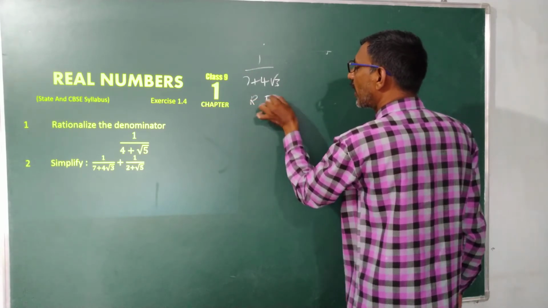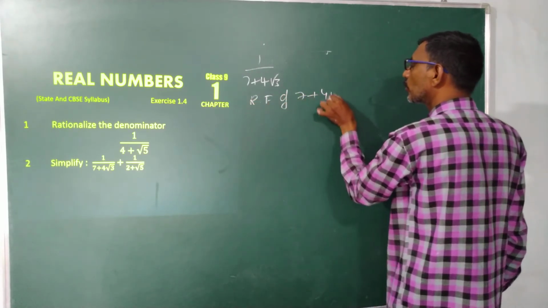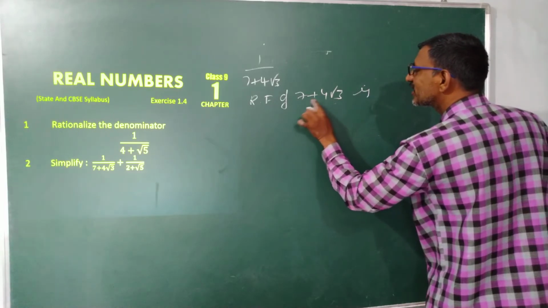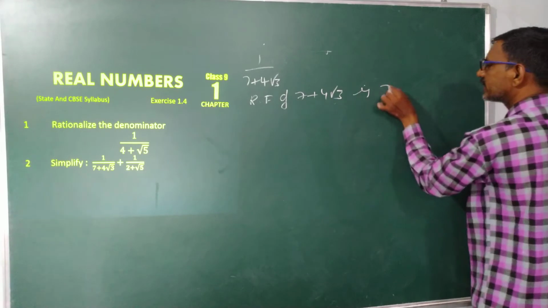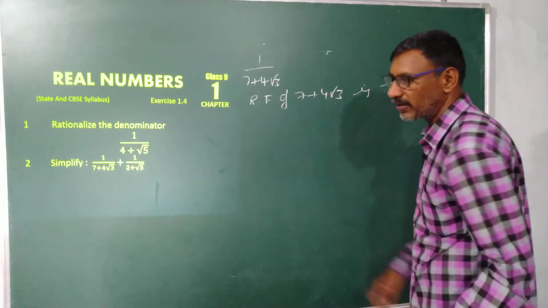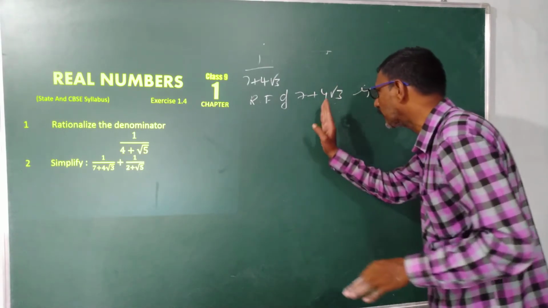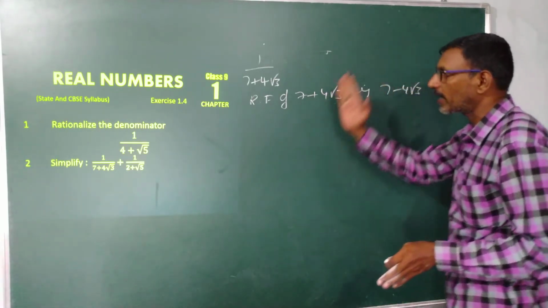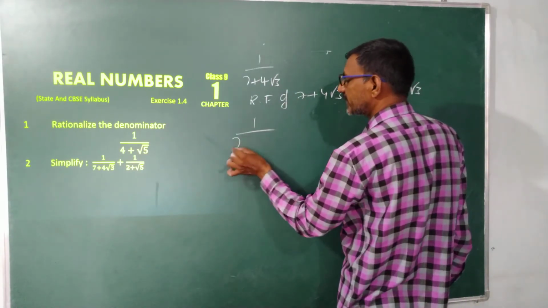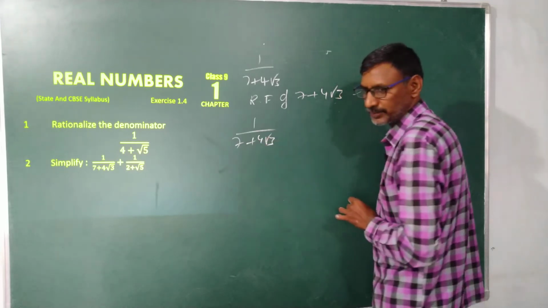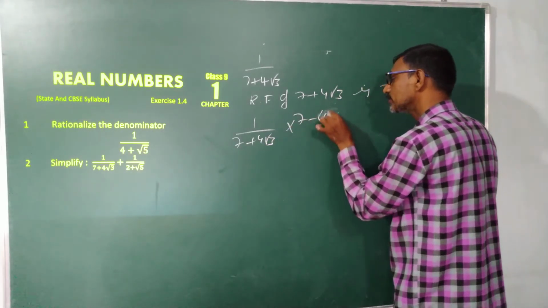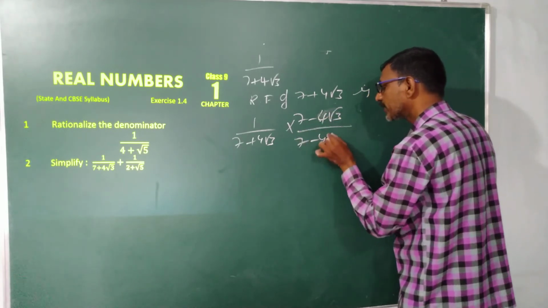I would like to take the RF of 7 plus 4 root 3. Keep in mind, it is always its conjugate. Just change the symbol. 7 minus 4 root 3. By multiplying this and this, no doubt at all we get a rational number. That's the reason this is the RF of this one. 1 by 7 plus 4 root 3 into 7 minus 4 root 3 divided by 7 minus 4 root 3.